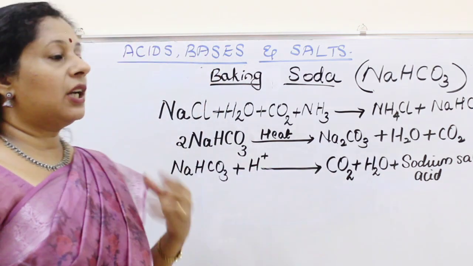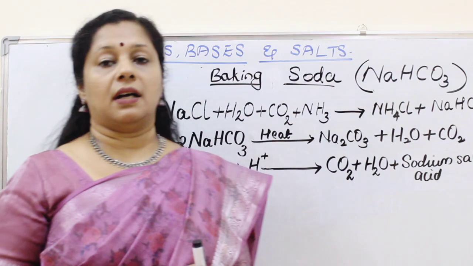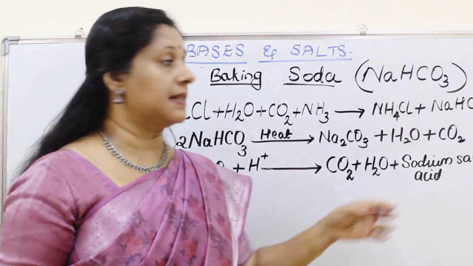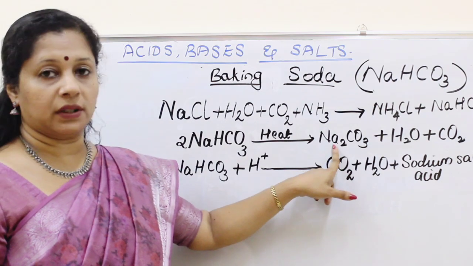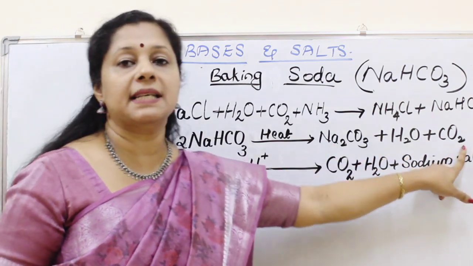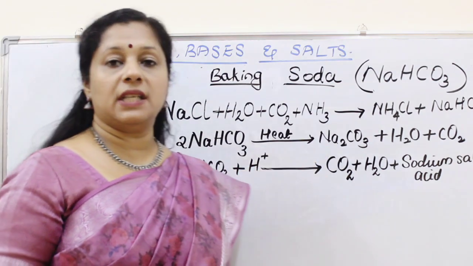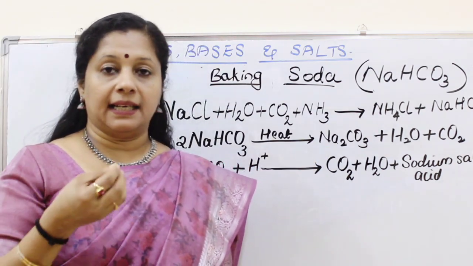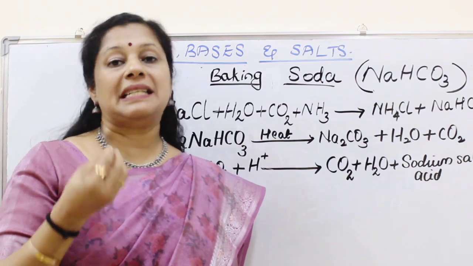Now, when we are using it for cooking purpose, what happens is, while heating, it will become Na2CO3 plus H2O plus CO2. So this Na2CO3, being a mild base, has got some kind of bitter taste.